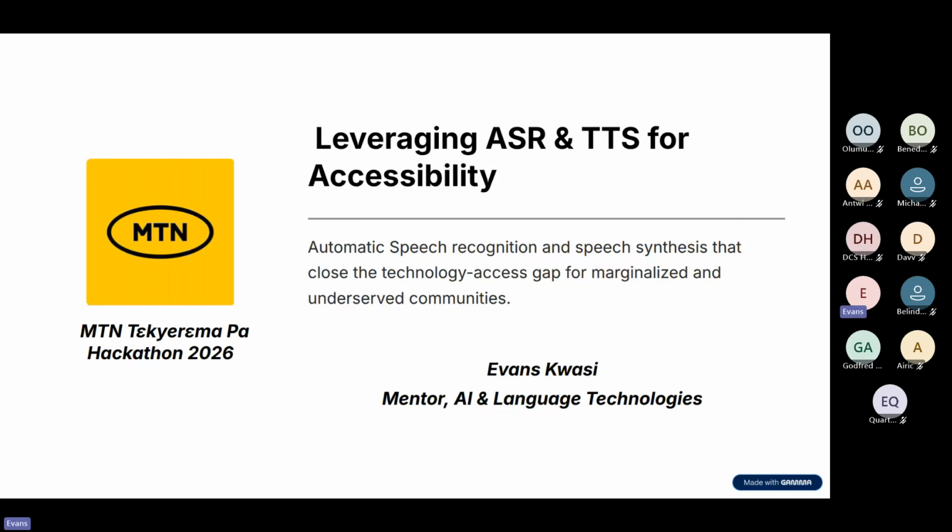Regardless of the product that you build, you have to consider these three things. I feel these three things are the core things you have to focus on whilst you build your product for this hackathon.